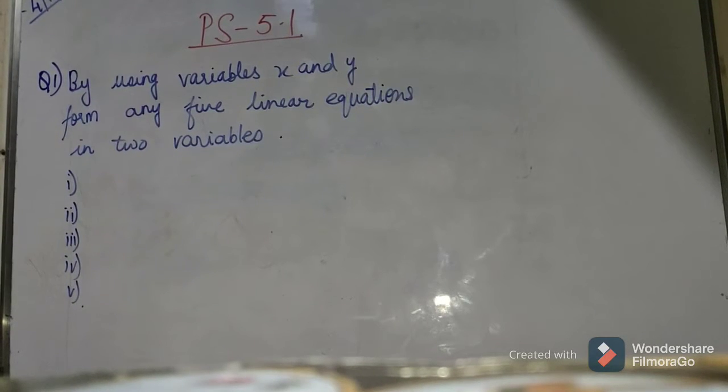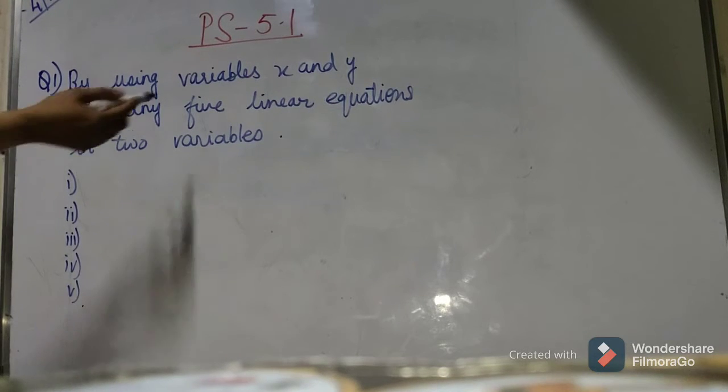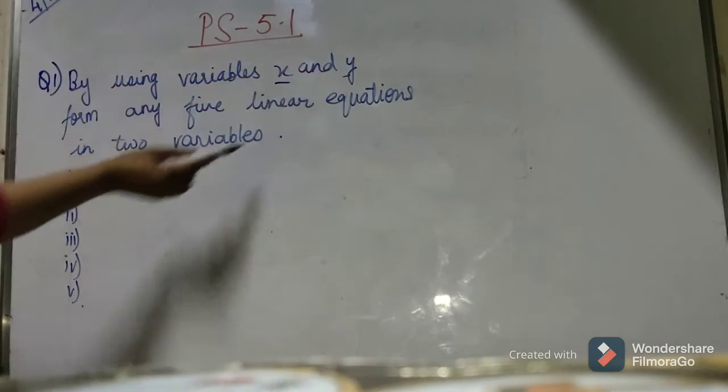The first question is, by using variables x and y form any 5 linear equations in two variables. So you know that you have x variable and y variable.